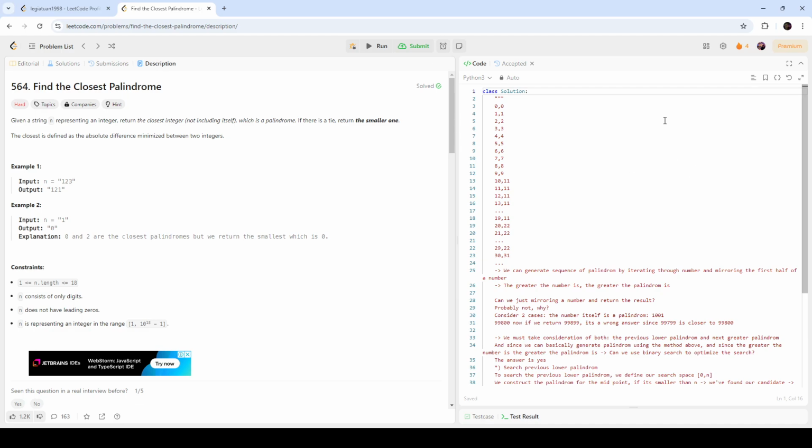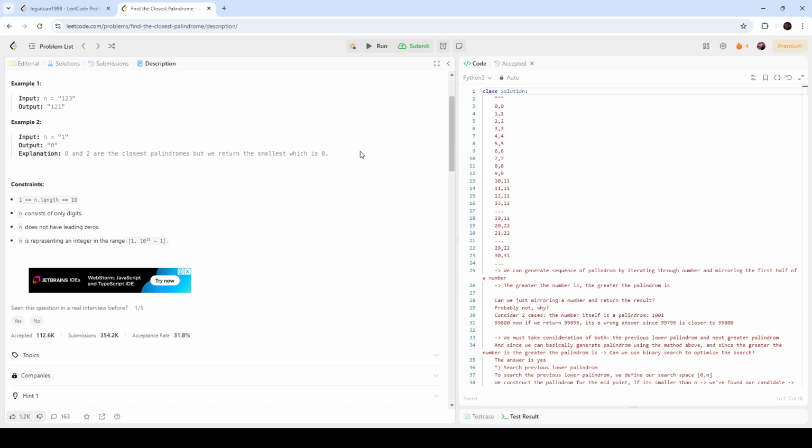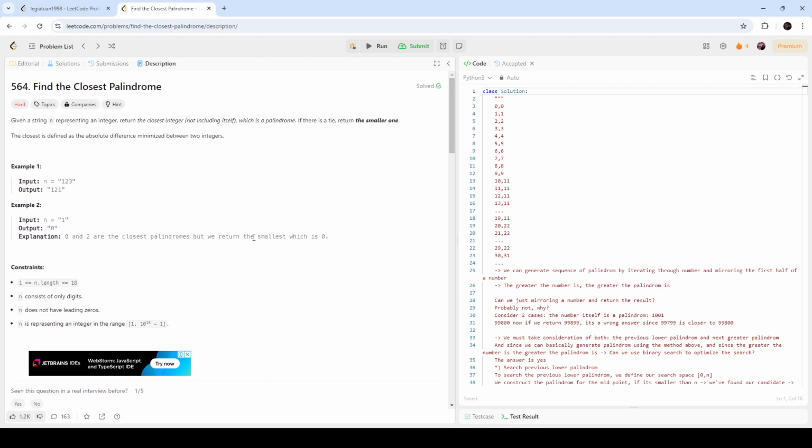So this question is kind of tricky, and I think this is one of the harder ones. If you look at the acceptance rate, it is relatively low, about 20% as of yesterday, I do believe. The solutions are a math solution and a binary search solution.